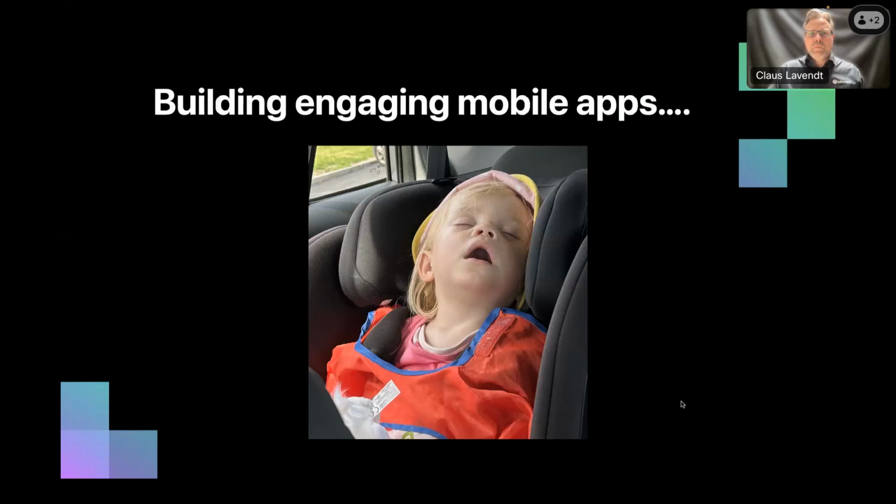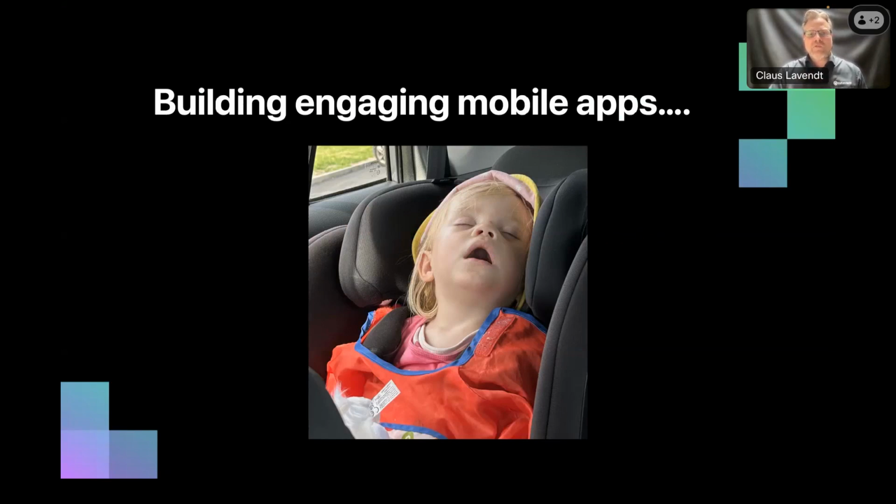I'm gonna share my screen here. I have prepared a couple of slides because I would like to briefly talk about some considerations and so on. But let's build some engaging mobile apps, right? That's kind of the topic here. And we are going to dive into 3 of the areas of the Engage2Go.